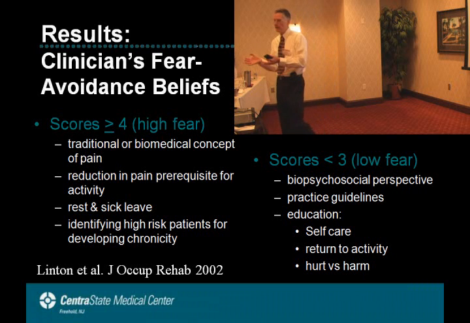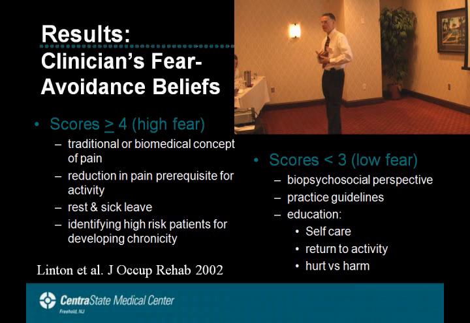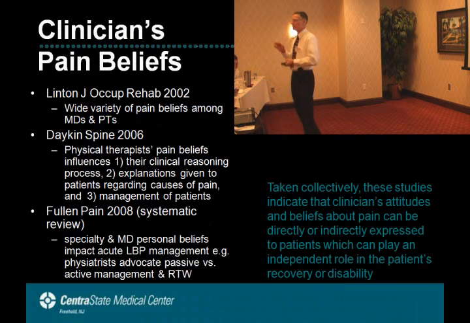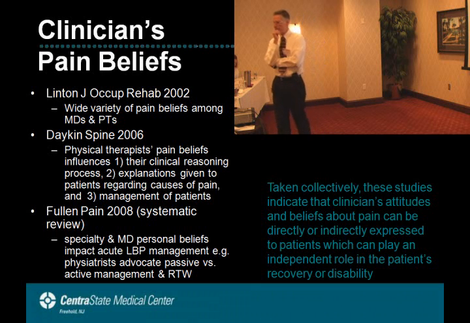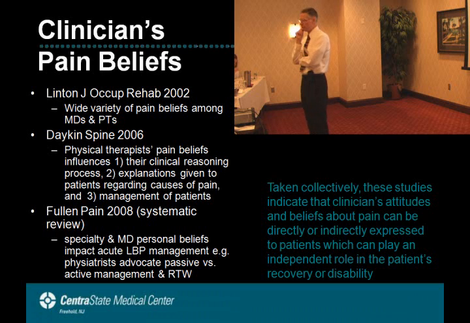So the idea here is that clinicians have different fears and pain beliefs within themselves, which are sometimes translated to patients. So let's look at 3 papers which review what we observed. Now, Linton applied this same test to a wide variety of different clinicians, physicians and physical therapists.